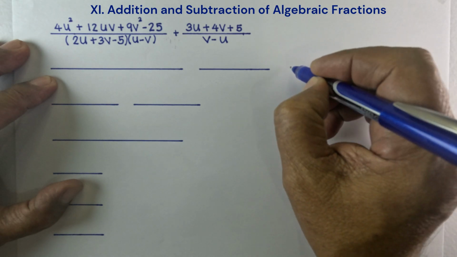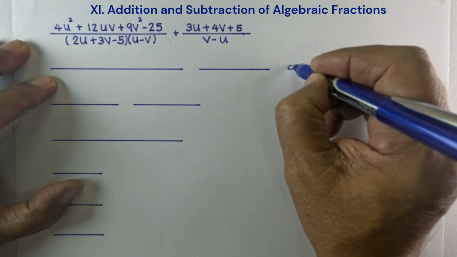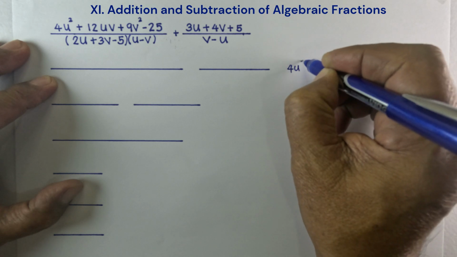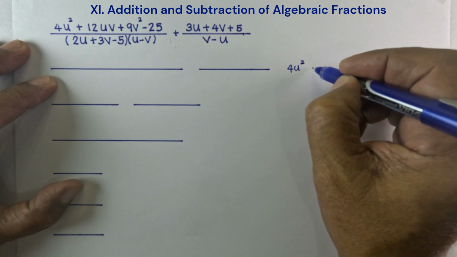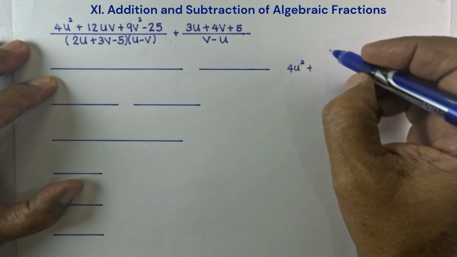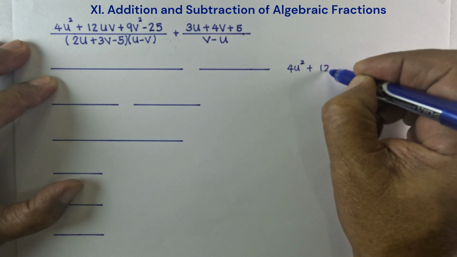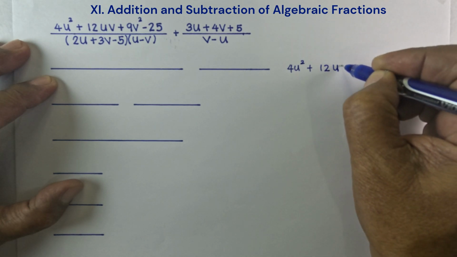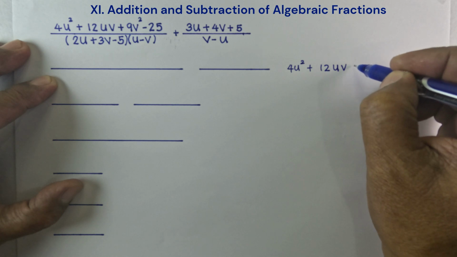So I'll write here 4u squared plus 12uv plus 9v squared.